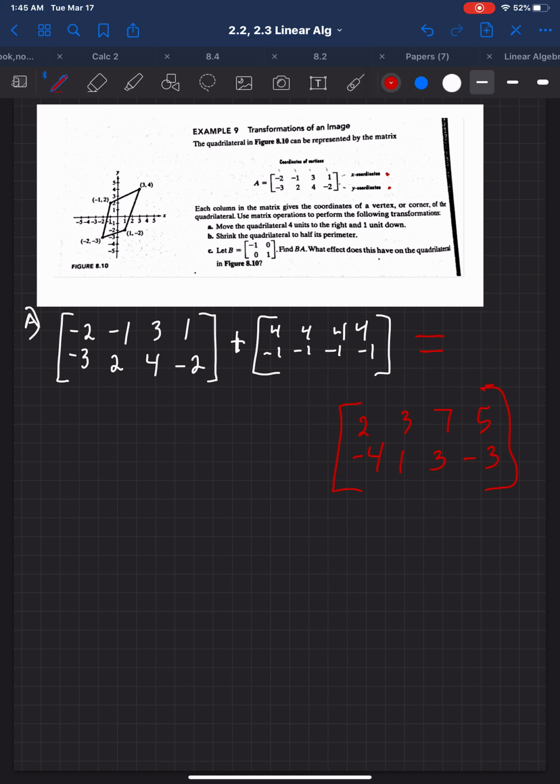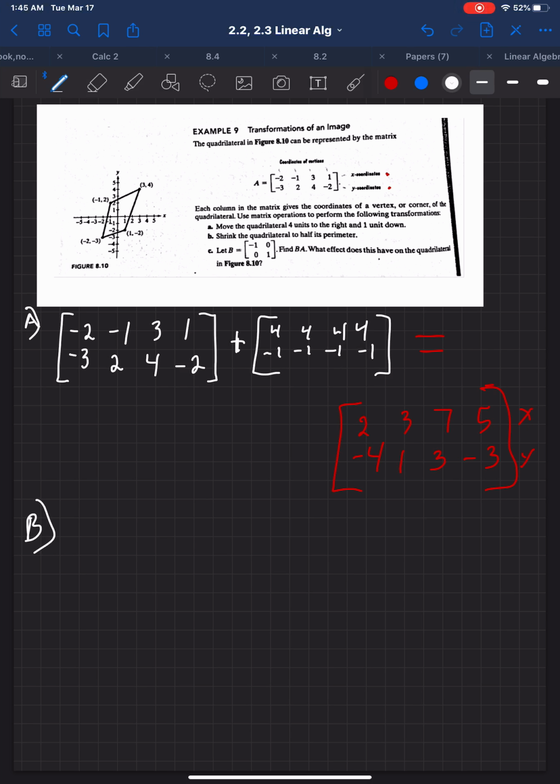If you were to plot these new x, y coordinates, your vertices, you would have your quadrilateral that is moved 4 to the right, 1 down. Part B, we're going to skip C, but part B, it says you now want to shrink the quadrilateral to half its perimeter. Well, obviously adding, subtracting one matrix to another matrix is not going to do that, right? If you just want to move it around, then adding, subtracting these matrices, that works perfectly.